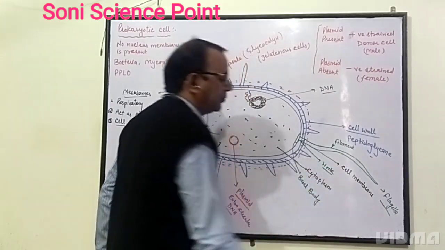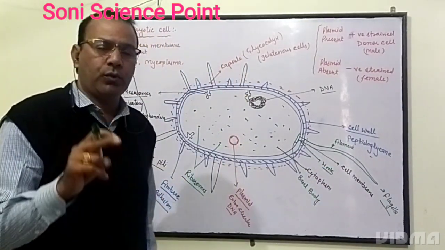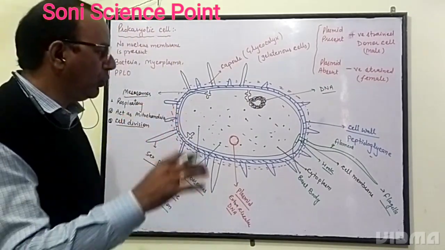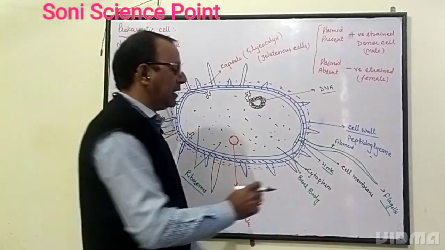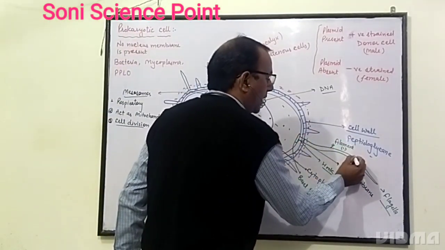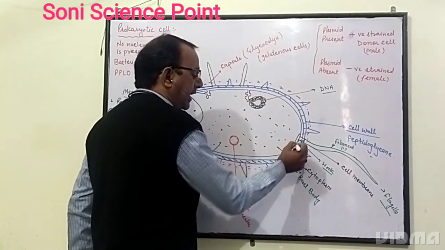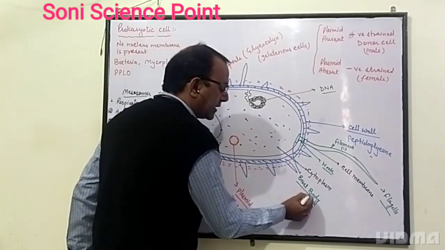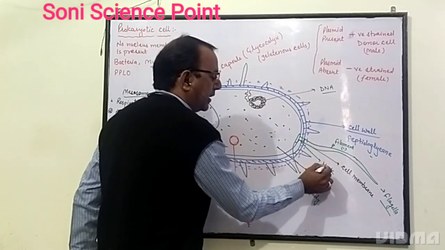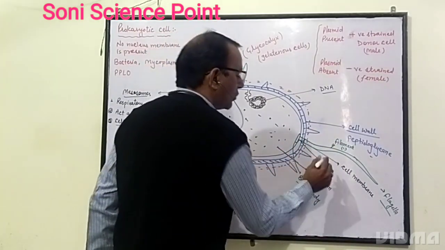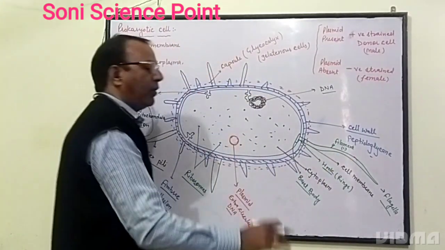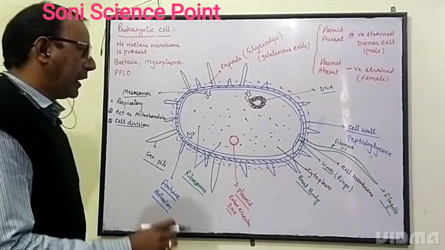So flagella are only found in those prokaryotic cells which move from one place to another. Flagella consist of three parts: the filament, a long hair or ribbon-like structure; the basal attachment with the cell membrane, called the basal body; and the connection between the basal body and filament, called the hook. In this hook there are many rings, with the help of which flagella are attached to the prokaryotic cell.